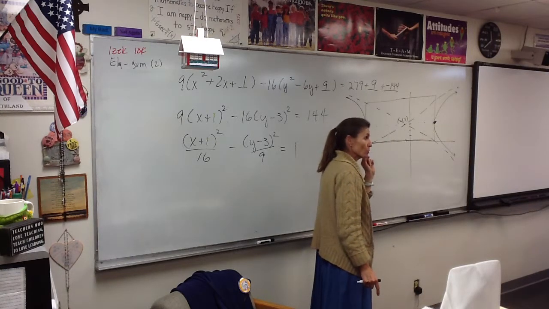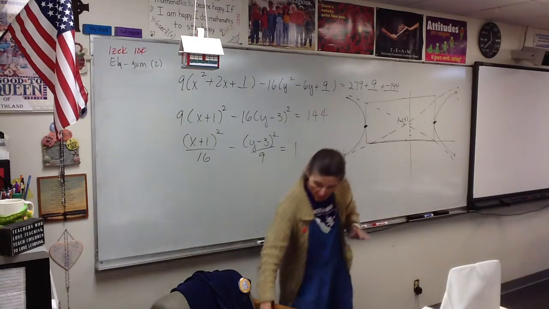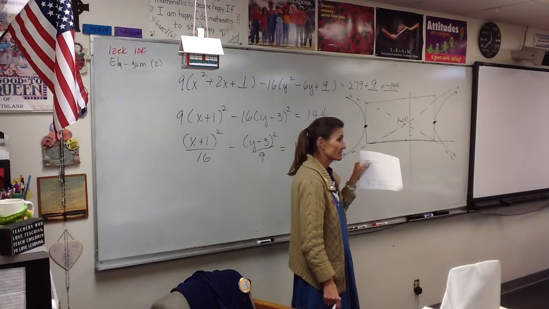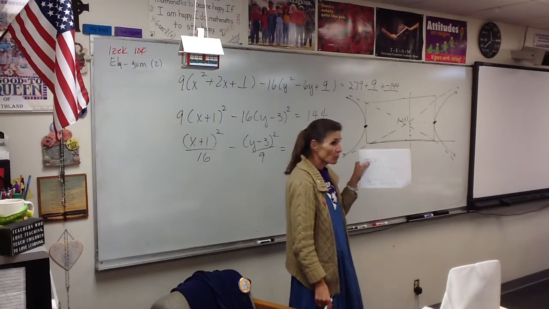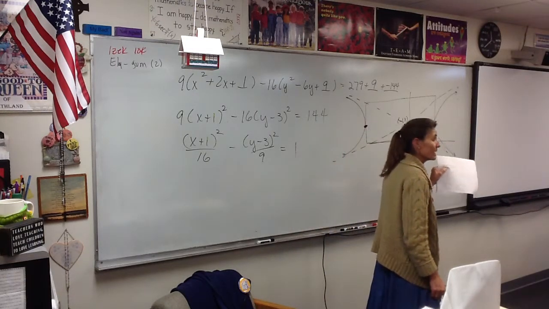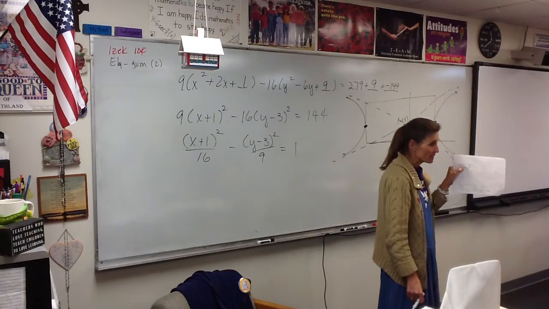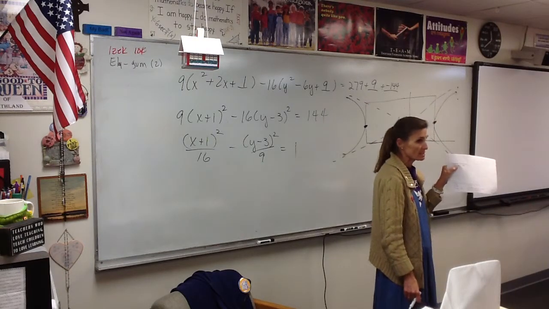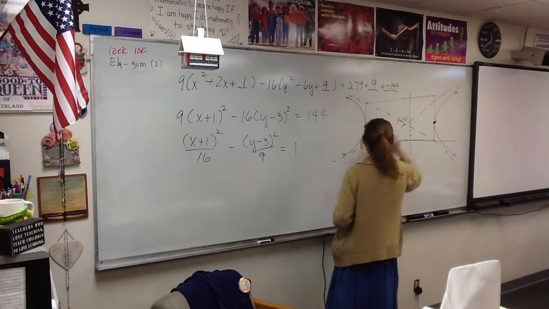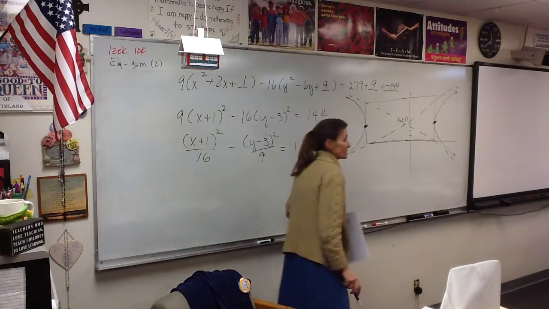It's the important one. So I need you to listen carefully to this. On the paper, it says length of major axis. That is where you're going to put the transverse axis. Major is the most important one. It doesn't have anything to do with length in a hyperbola. It's which one has the vertices. So the transverse axis has a length of 8. The conjugate axis has a length of 6.